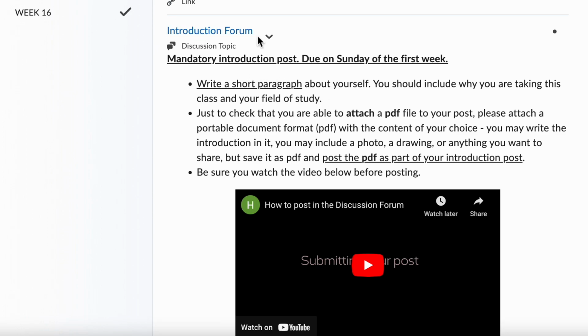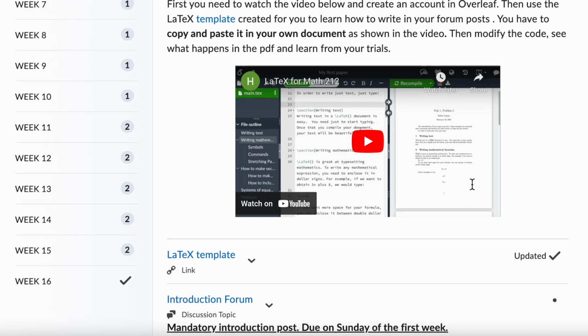Here is the introduction forum. So here is an explanation of how to post your introduction forum, and be sure that you read exactly all the instructions that are here. So you need to post exactly as it is described in here.